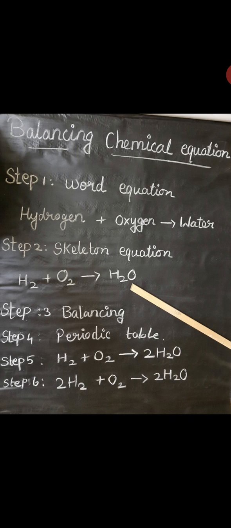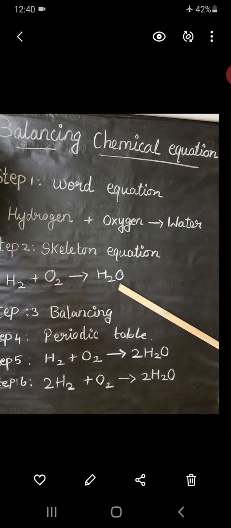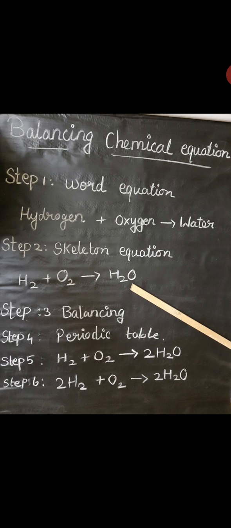What is the fifth step? We have to balance the oxygen. We put 2 before H2O on the right hand side. So H2 plus O2 gives 2H2O. What is the sixth step?